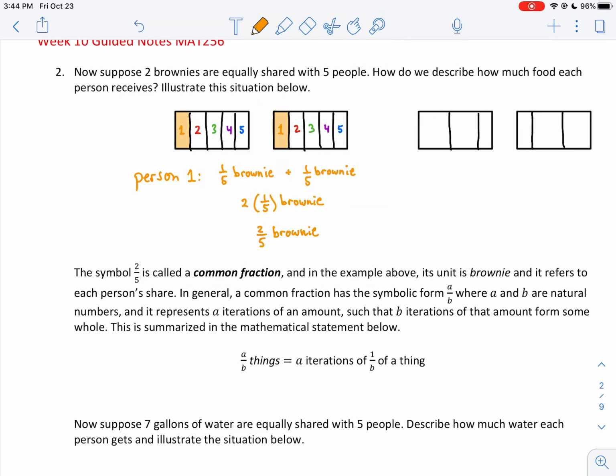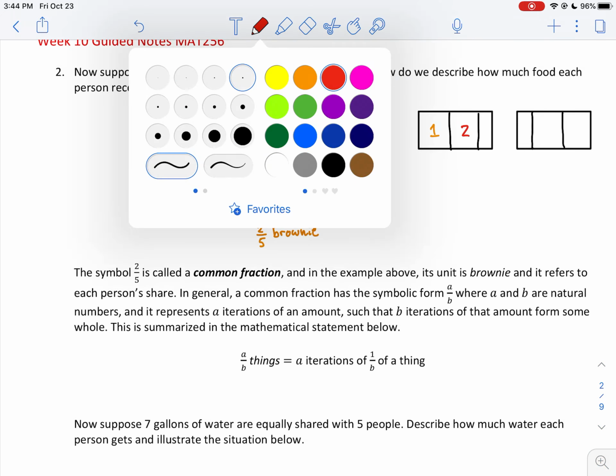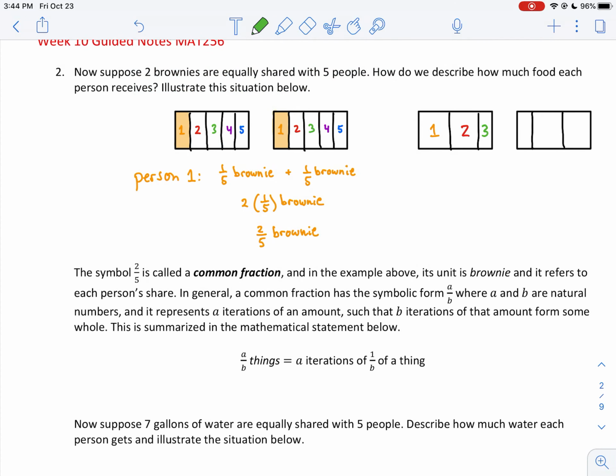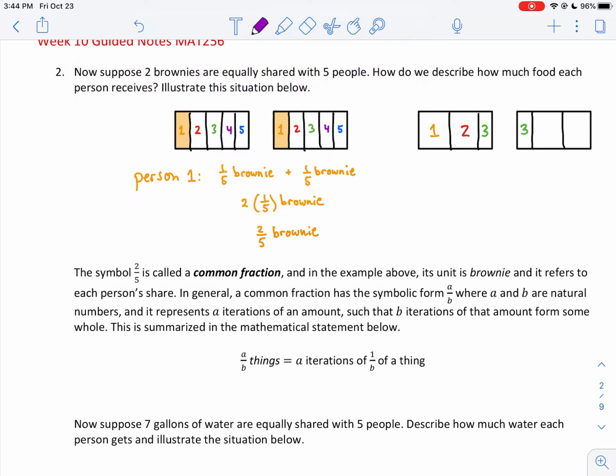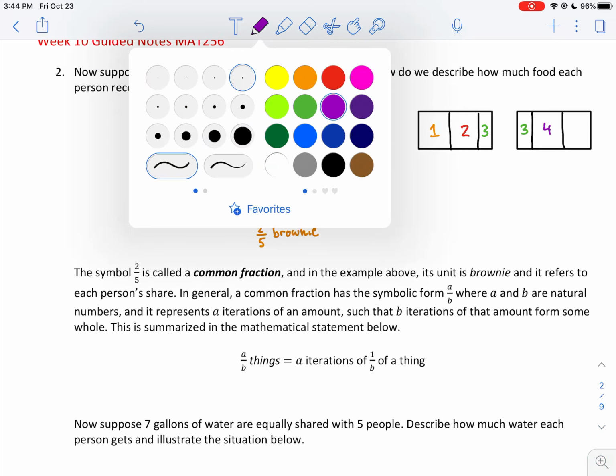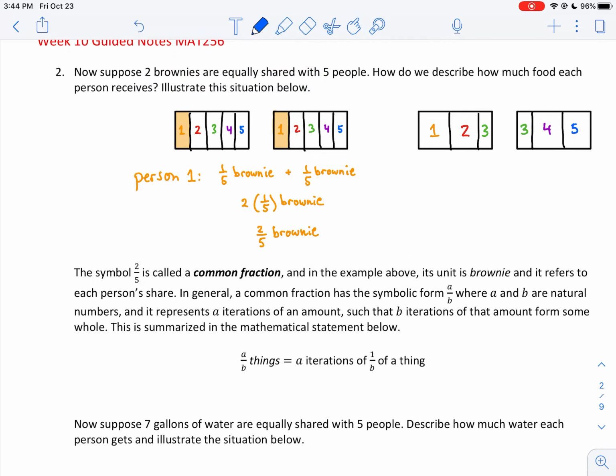So now person 1 gets all that. You see where I'm going with this? Person 2 gets all of that. Person 3 gets a portion of 2 different brownies. They're going to get 1/5 from this brownie and another 1/5 from the second brownie. Person 4 is going to get all of that portion, and then person 5 is going to get all of that portion.